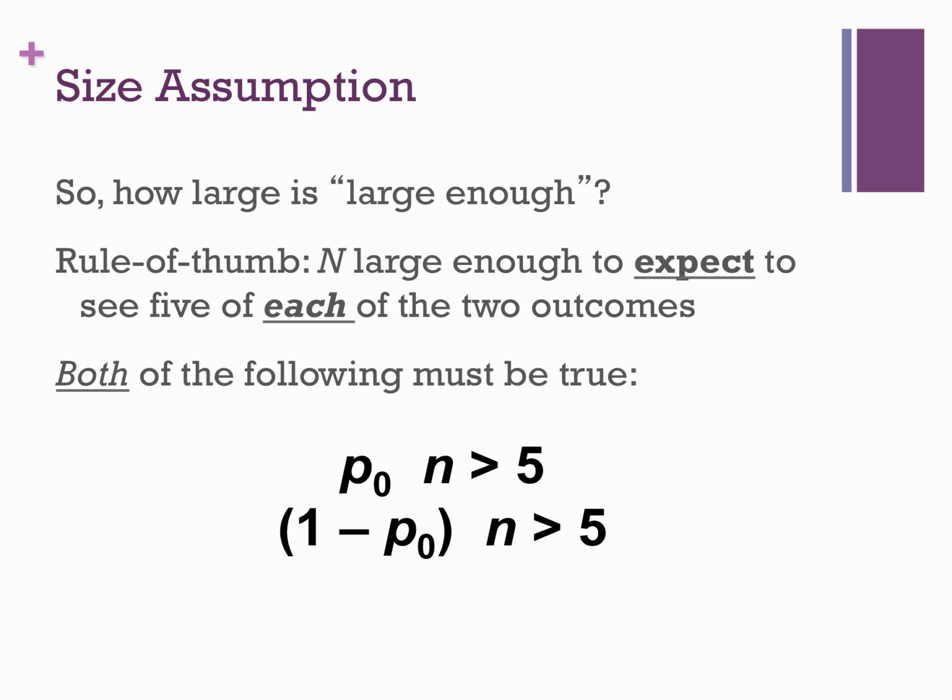We need to have enough people to expect to see 5 of the outcome and 5 people not having the outcome. Now, it's very important that you notice here that the proportion listed is P naught. That is the proportion under the null hypothesis. This is our expectation, assuming the null is true, that we will have enough people to see 5 of each outcome.